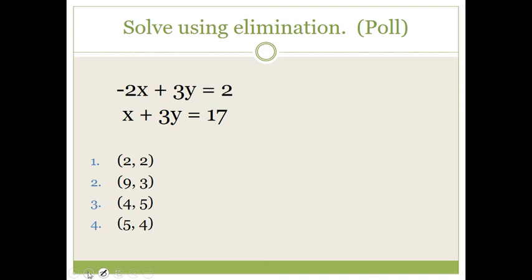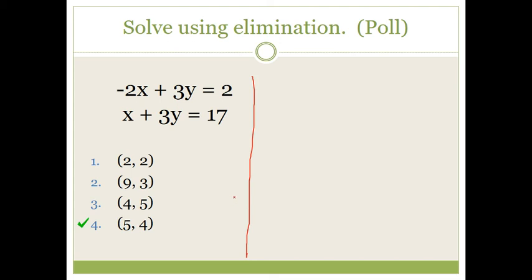So take a moment to pause the video and work out the solution to this system of equations. Alright, you should have gotten the answer 5, 4, that x was equal to 5 and y was equal to 4. So let's see how I'd go about solving that.